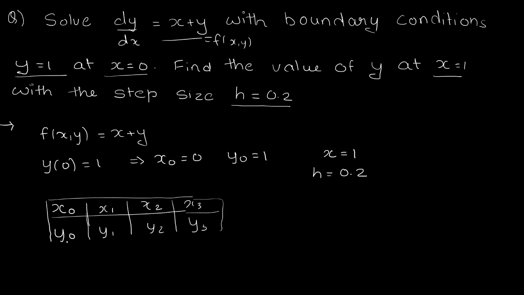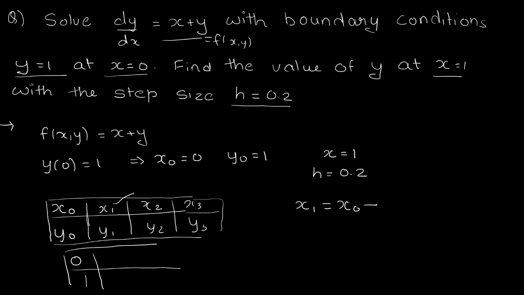Now x0 is 0, and for that I have y0, which is 1. Now x1 will be given by x0 plus h. X0 is 0 and h is 0.2, so my x1 will be 0.2.